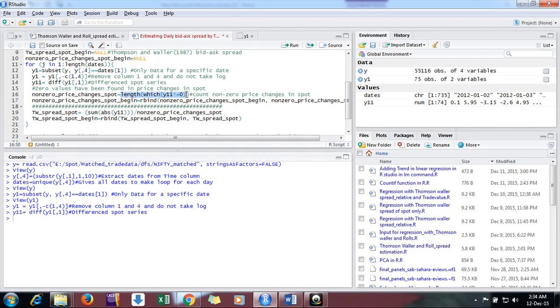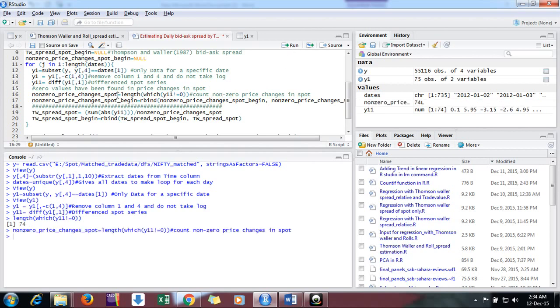Out of these 74 observations, how many of them are not equal to 0? 74 are there. So I'm just giving a variable name, non-zero price changes spot.